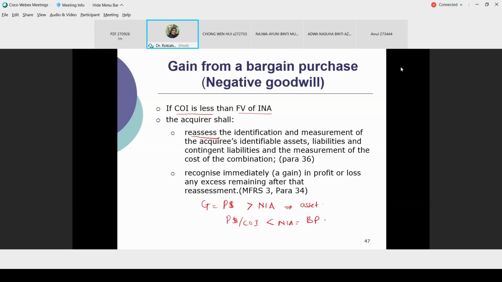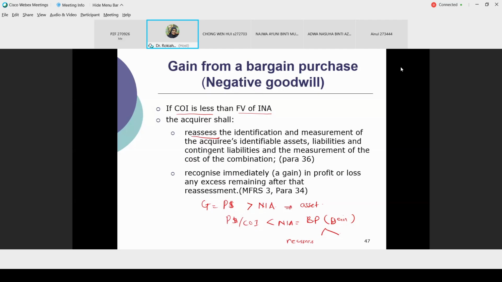This bargain purchase is a gain. But because accountants are conservative, before you can recognize a gain, you need to do something first. You need to reassess whether there is a mistake in the fair value determination of the assets, or maybe in the measurement of the cost of investment.